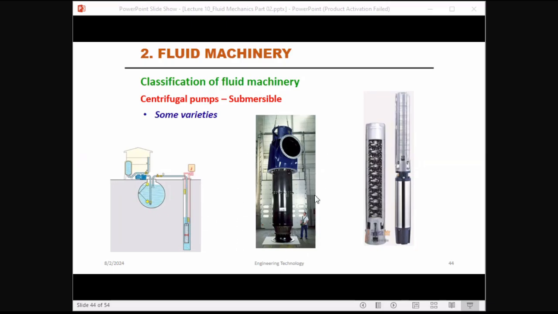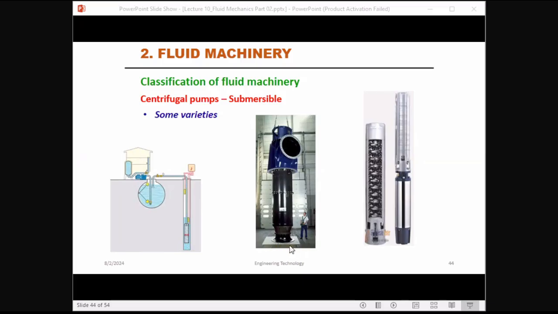Here you can see a large submersible pump. Here is the inlet, and this is the outlet. Here is the suction area, then the discharge pipe. Fluid enters the pump through an intake located near the bottom of the unit.